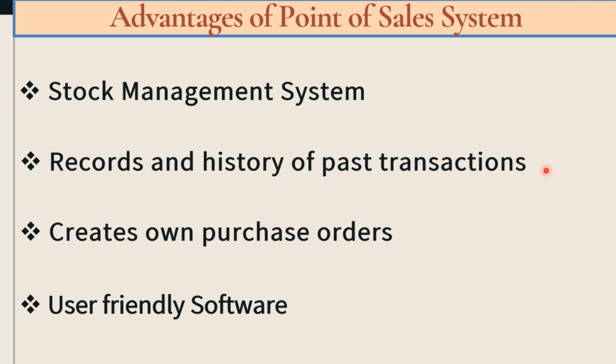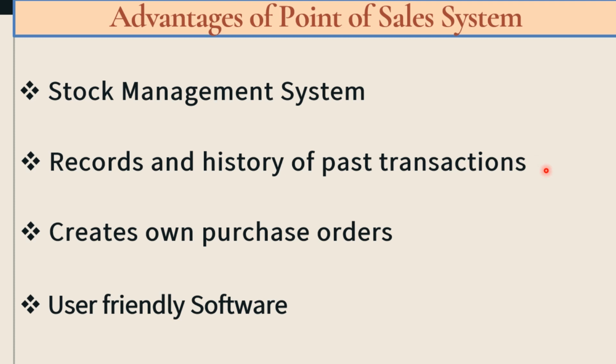The second advantage of POS system is records and history of past transactions. Means one can keep the records, one can maintain the history of past transactions which have been performed by various customers. The same example we can use here to elaborate this point.